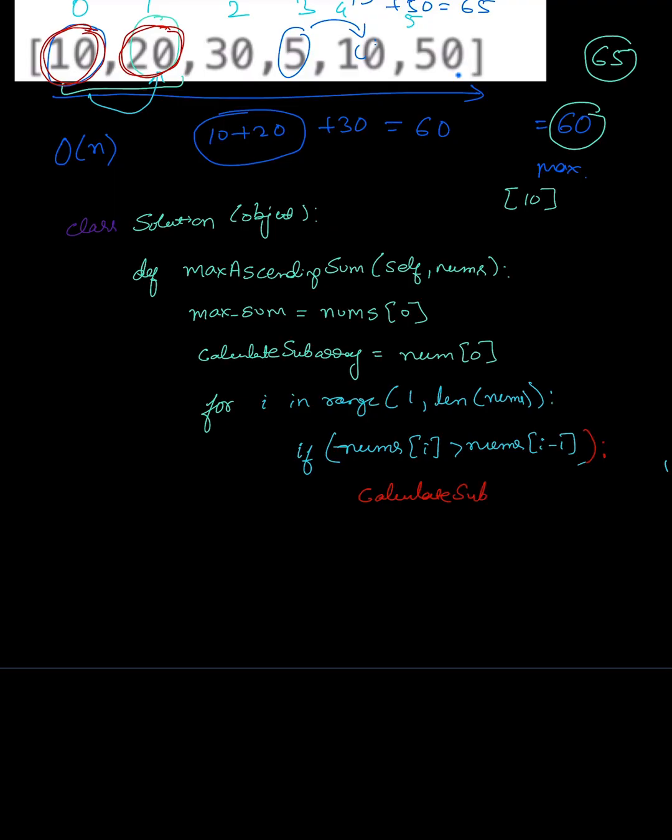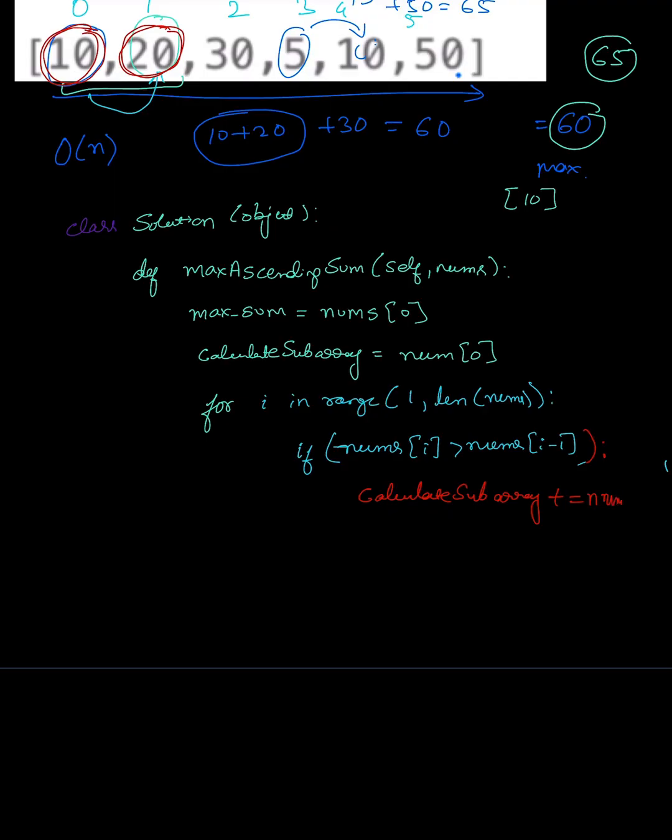Calculate subarray will be added with the previous number. At this particular point, calculate subarray is having 10, so we'll be adding 20 to that one.